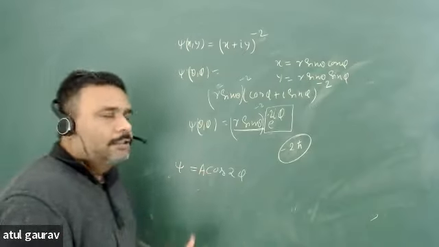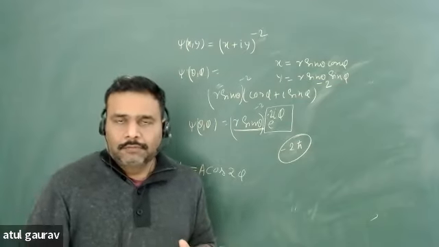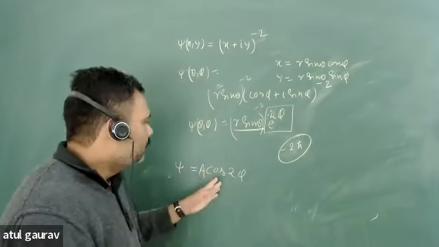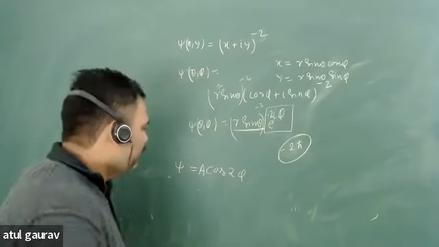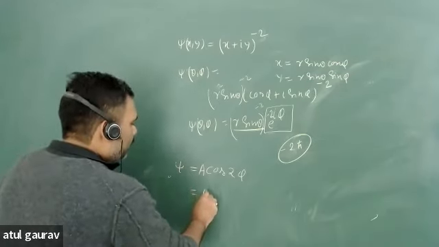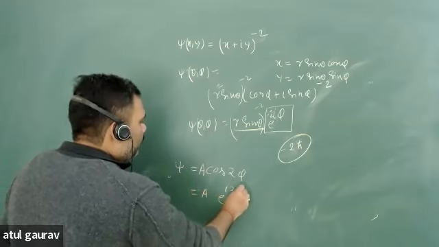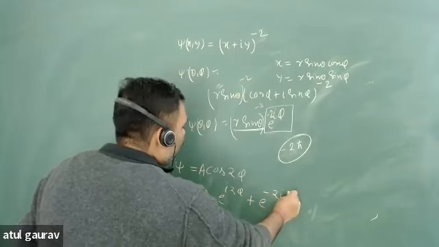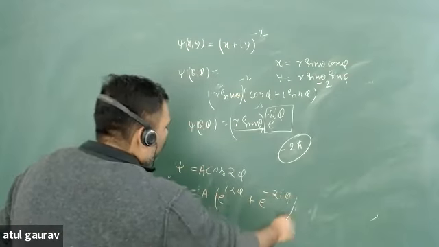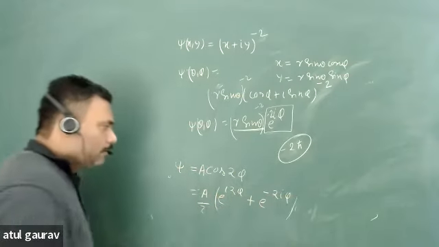Because cos 2 phi is not an eigenstate of LZ. As soon as you operate LZ on it, it becomes sin 2 phi. But yes, this can be written as a times (e to the power i2 phi plus e to the power -i2 phi), and obviously you can keep a factor of 1/2.